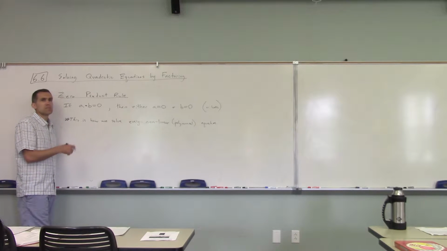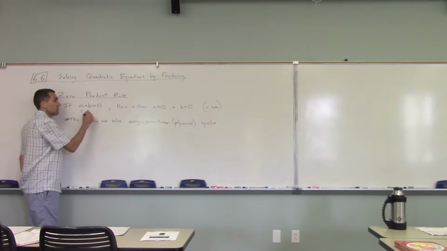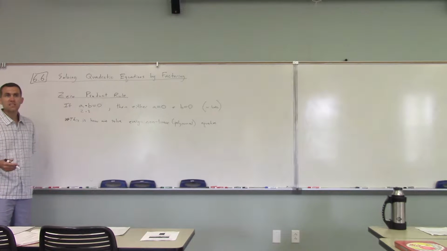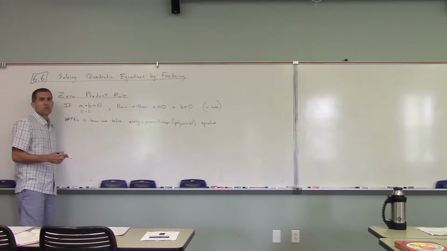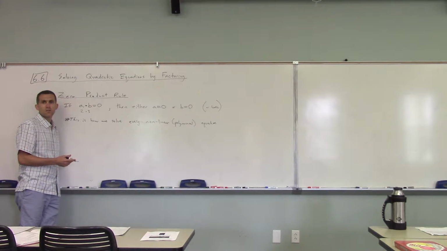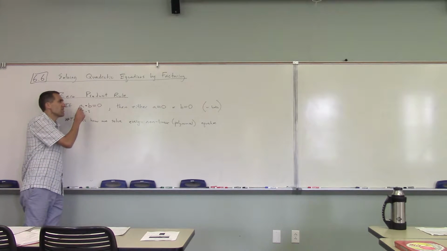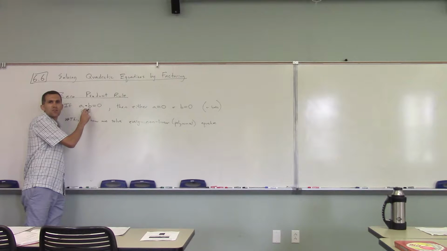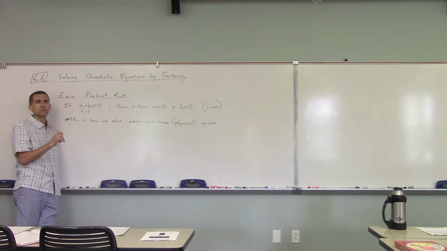However, when A times B equals 0, you could not ever have two non-zero numbers multiplied together and get 0. No matter what numbers you put here, if they're not 0, then you can never multiply them together and get 0. So this zero product rule is huge. If I have any things multiplied together that result in 0, then I know 100% certain at least one of them is equal to 0.